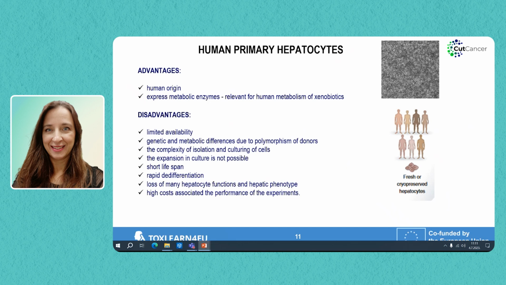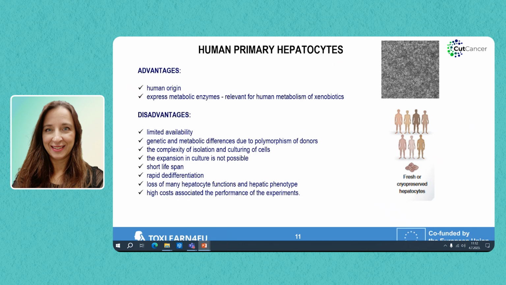For example, they have limited availability. We can get primary hepatocytes only at, for example, surgeries when some cancerous tissue is replaced, and they always remove also some healthy tissue. This is one possibility.